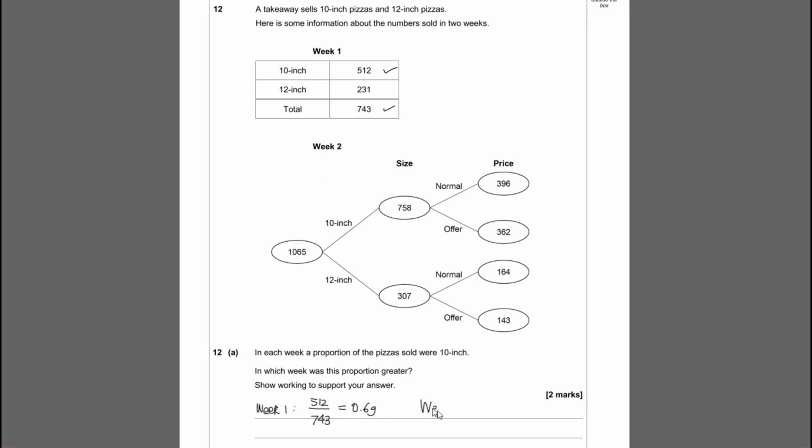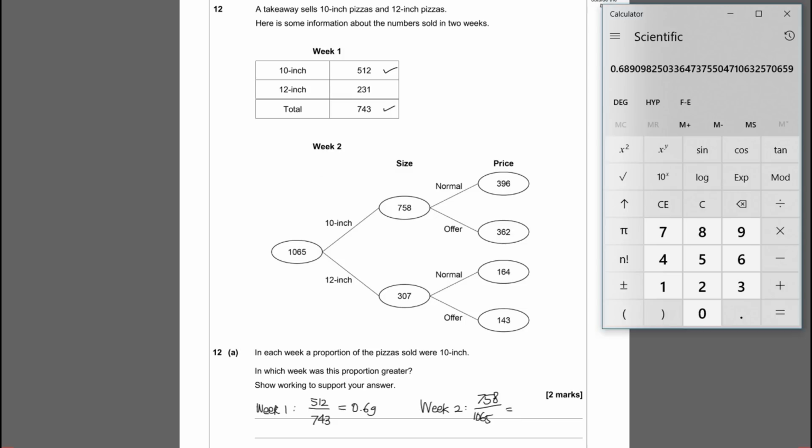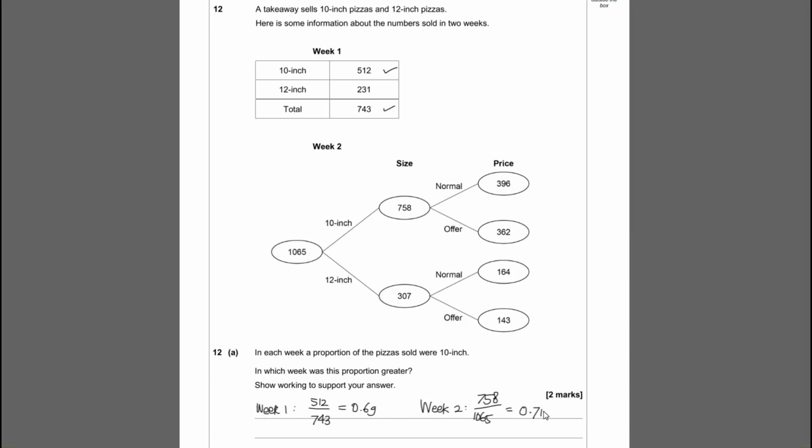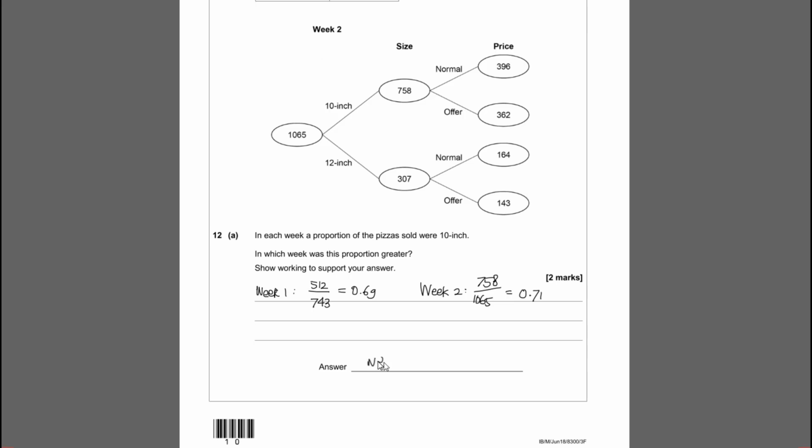What about week 2? He sold 758 out of the total sales of 1065. So the proportion is 758 divided by 1065. It's 0.7117. I'll say it's 0.71. Compared to 0.69, week 2 has a greater proportion. The answer is week 2.